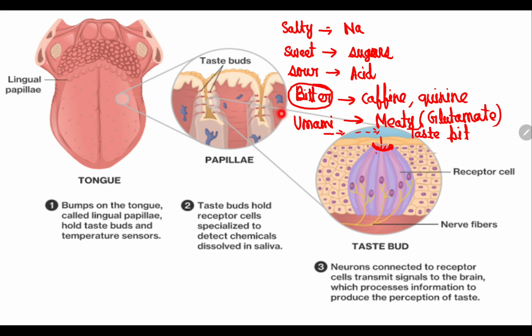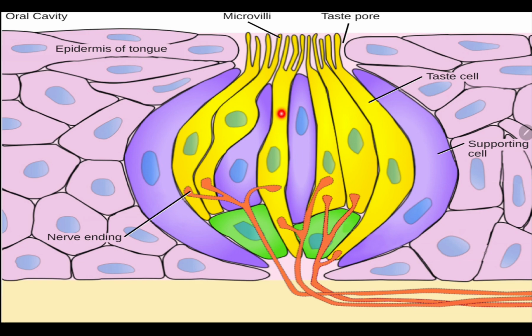The foodstuff which comes here will interact with the taste bud receptor cells, and these receptor cells have the G protein receptors. They bind with the G protein receptors, and then the receptor cells will get depolarized.